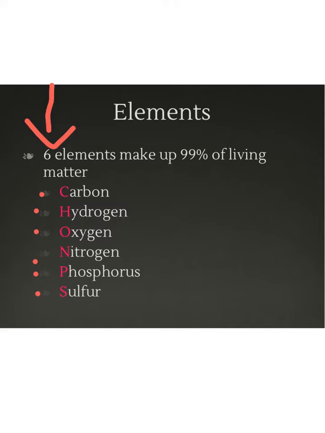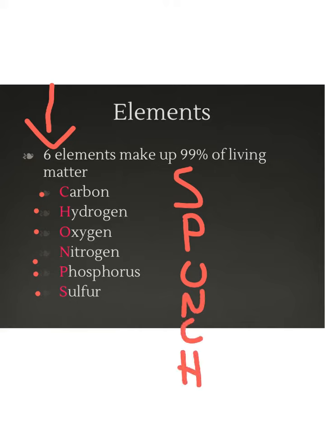You should know these. These are elements that will come up over and over again in our class. You could use the acronym CHOMPS to help you remember them. I always learned it as SPONCH, S-P-O-N-C-H. Okay, so however you can remember it, either as CHOMPS or SPONCH, those are the 6 elements that make up 99% of living things.